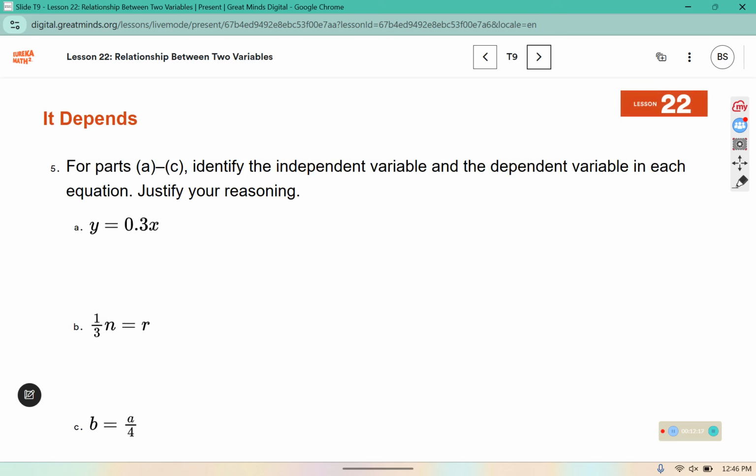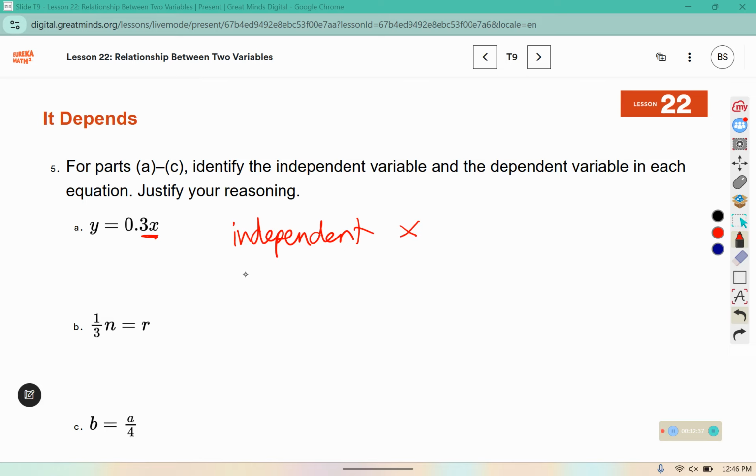For parts A through C, identify the independent variable and dependent variable in each situation. Justify your reasoning. The independent variable, in this case, is x. And the dependent variable is y.